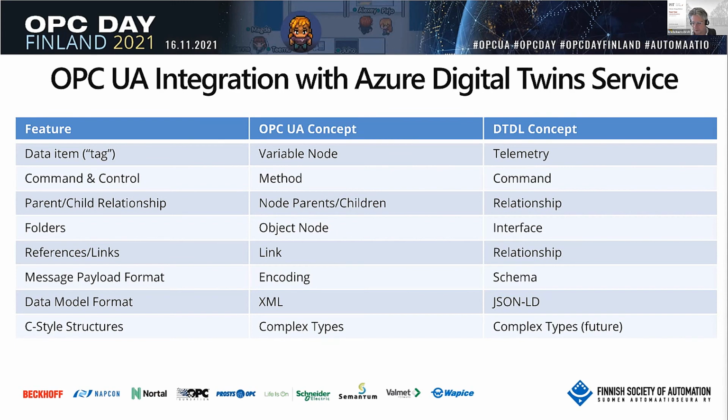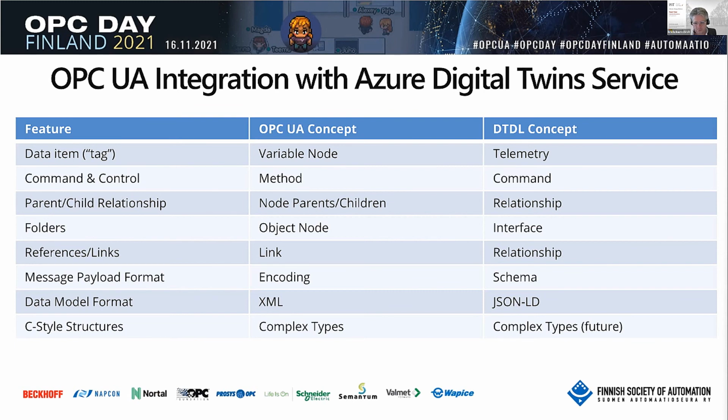And of course, you could go and basically model your Digital Twins Definition Language representation of your asset from scratch, or if you have an OPC UA information model already, you can use a tool, and I've actually built a tool, that allows you to extract the pieces from OPC UA that DTDL can leverage.